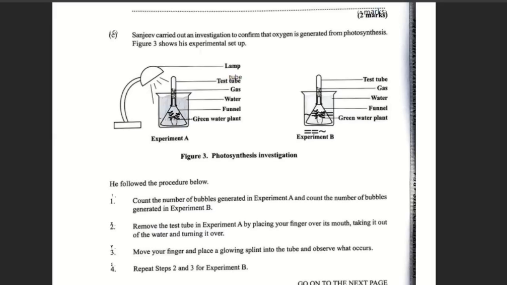Okay, so the next question says Sanjay carried out an experiment to confirm that oxygen is generated from photosynthesis. Figure 3 shows his experimental setup, and this is the procedure right here, right? Basically they want to find out if oxygen is a byproduct of photosynthesis.